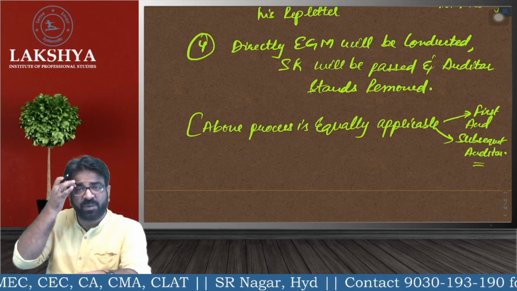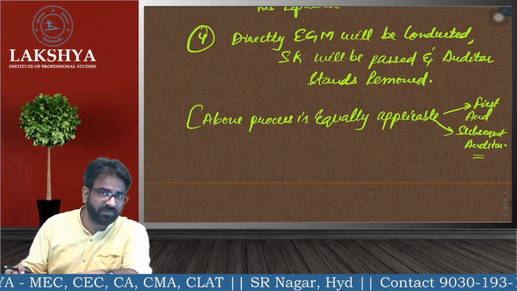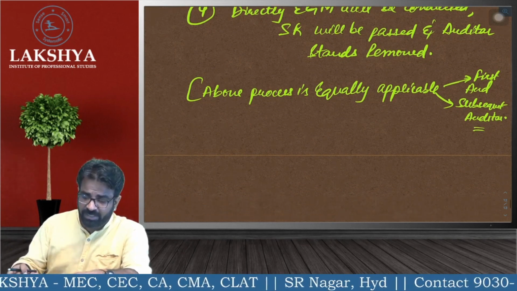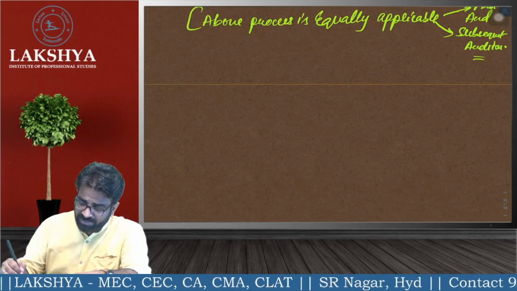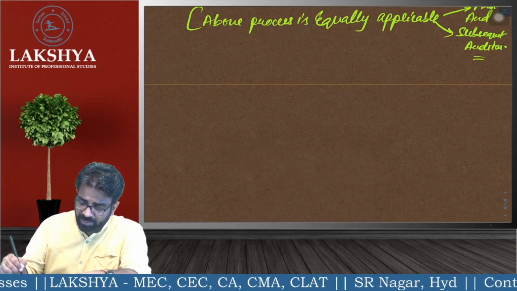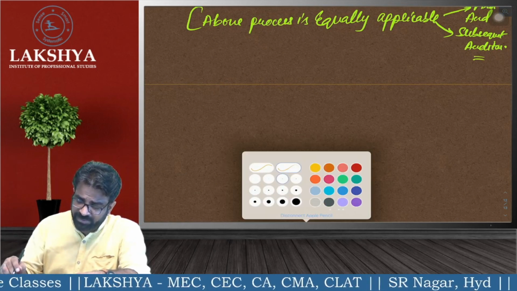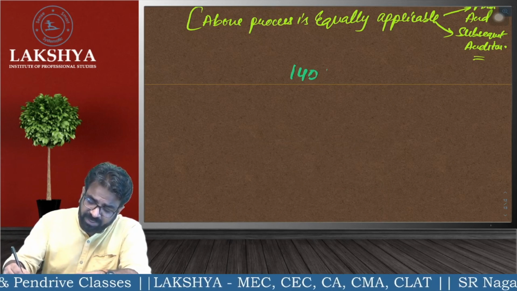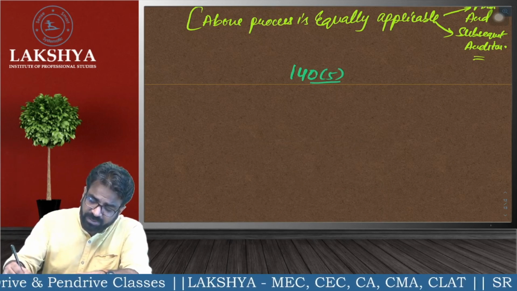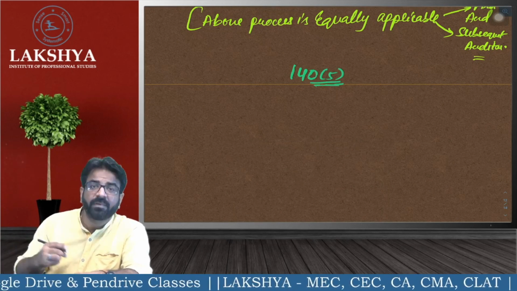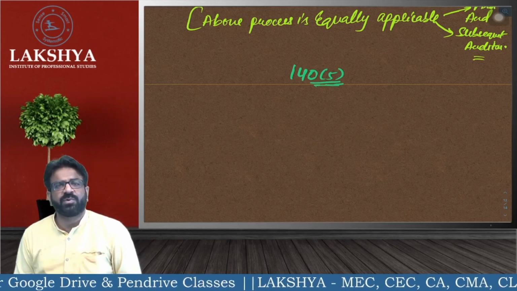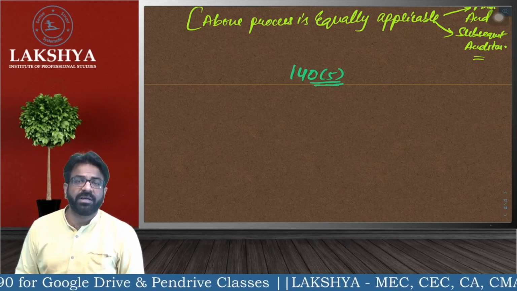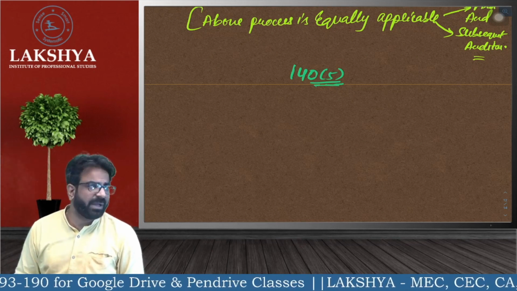Are we done with section number 140, subsection 4? Yes. Now we are going to understand 140, subsection 5. Now tell me guys, what is section number 140 subsection 5? It talks about removal of an auditor. Removal of an auditor by whom?